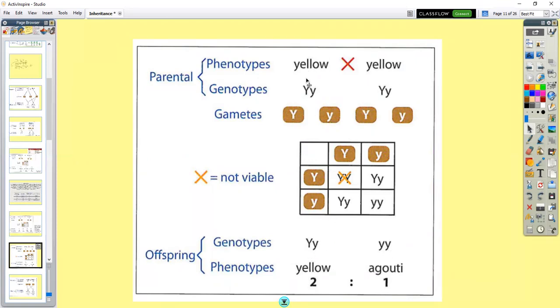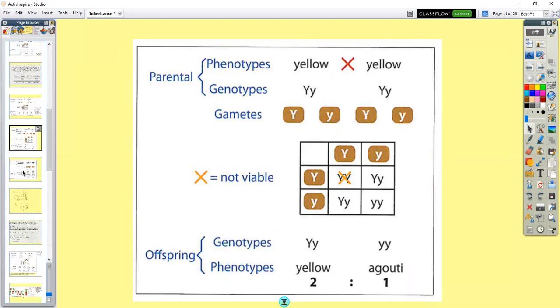If you have 2 heterozygotes crossed together, the big Y big Y combination is lethal. That does not survive in the womb, which gives you this 2 yellow to 1 agouti ratio. So the homozygous dominant is the lethal allele combination there.